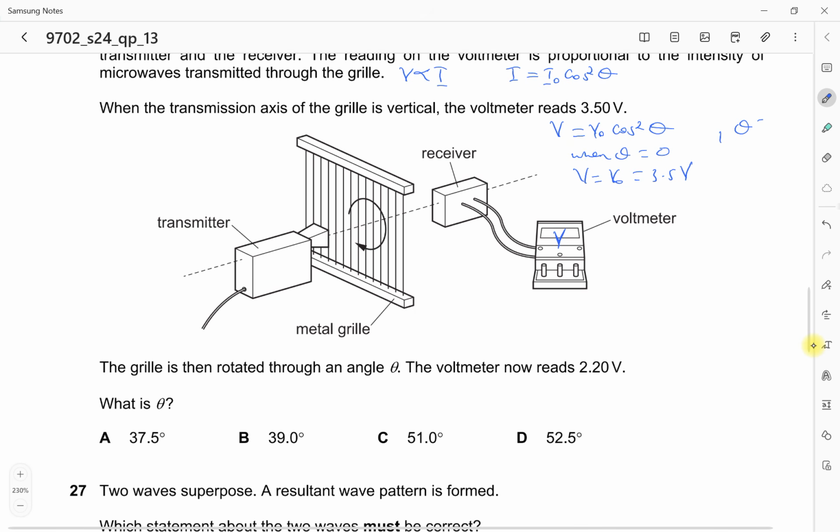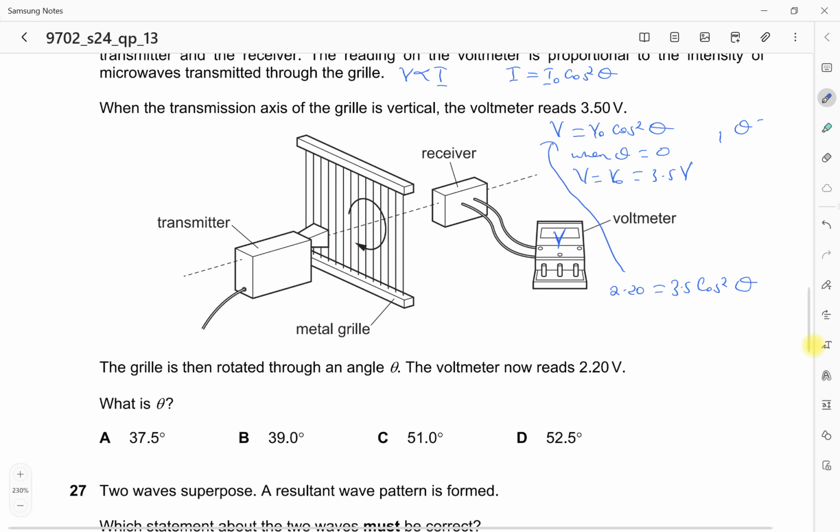The voltmeter reads 2.20 volts. Using the same equation, 2.20 volts is equal to V naught, which is 3.5, cos squared of theta.